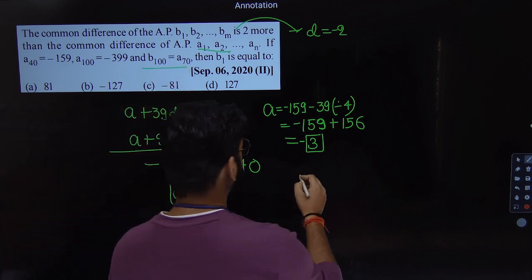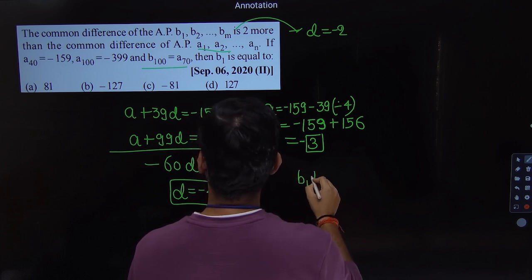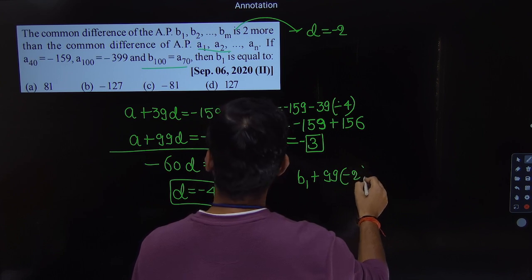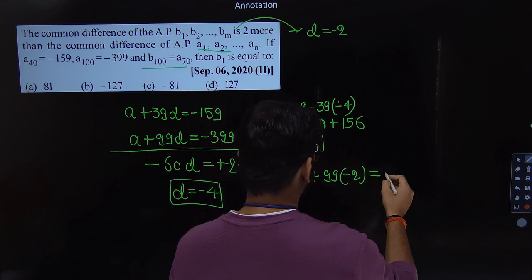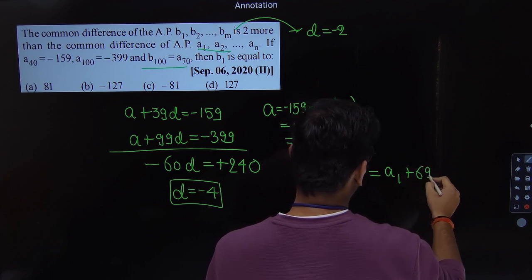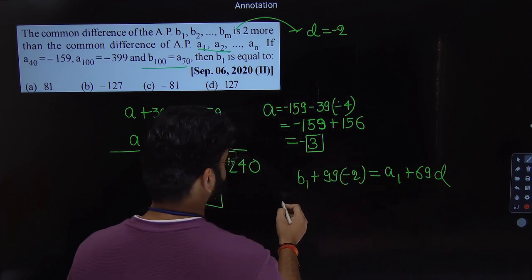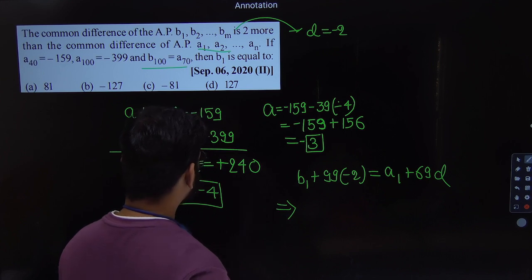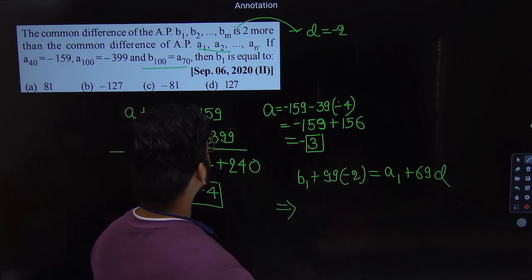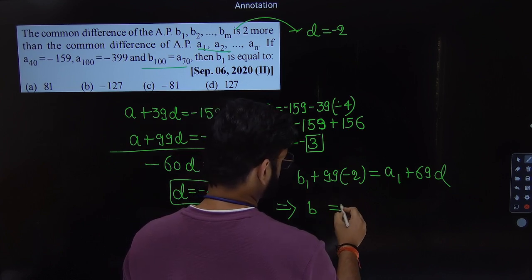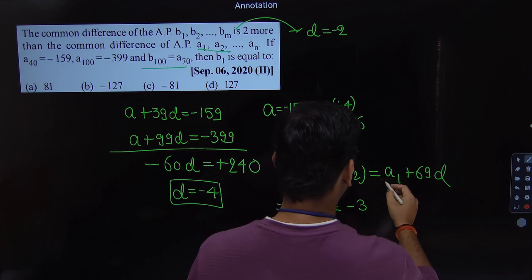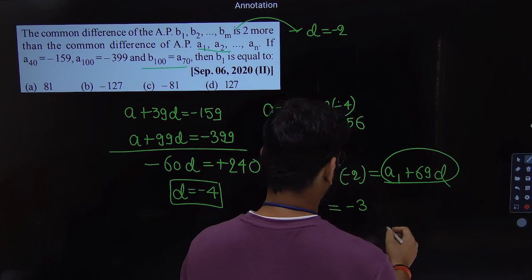Apply B100. So B100 will be B1 plus 99D. D is minus 2. A70 is A1 plus 69D. Substitute the values. So do we have A1? Yes, minus 3. So B1 equal to A1, minus 3. What is the D for A? Minus 4.